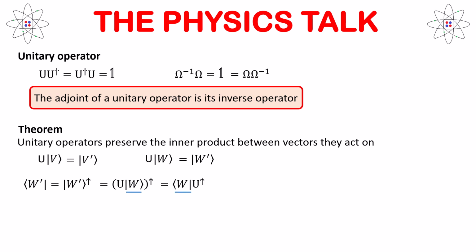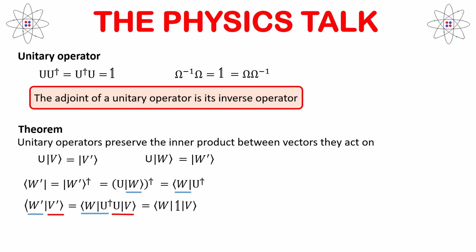Now let us write the inner product between these vectors W prime and V prime. Write the expression for bra W prime and ket W prime as obtained above. We know U dagger U is the identity matrix.